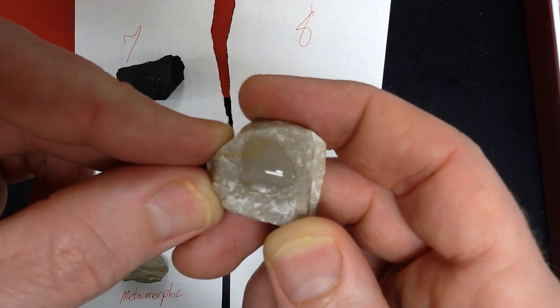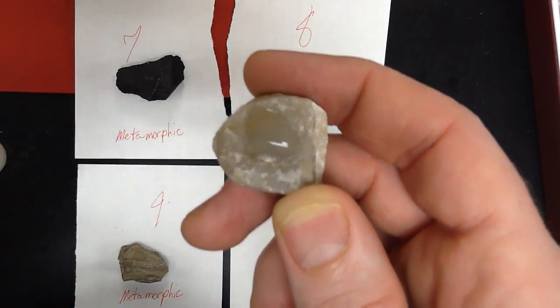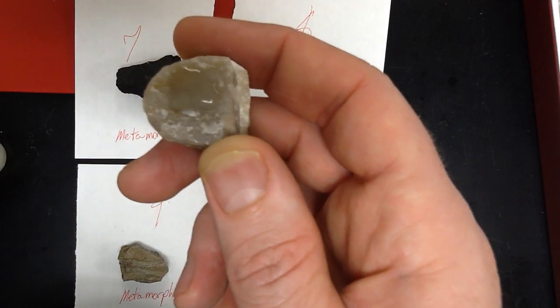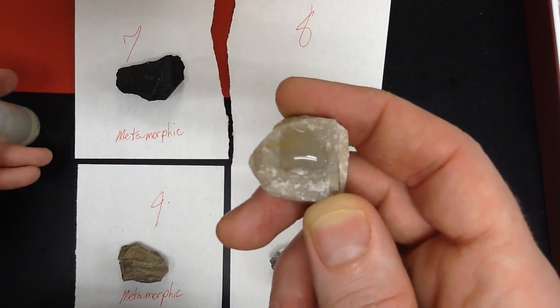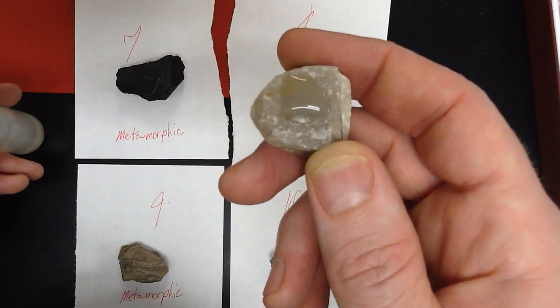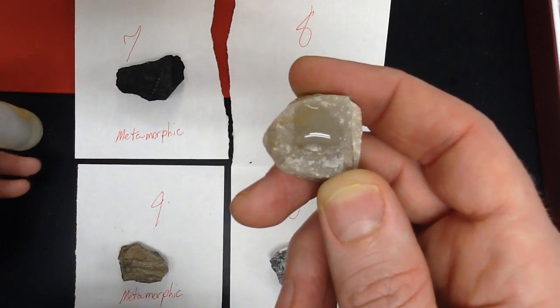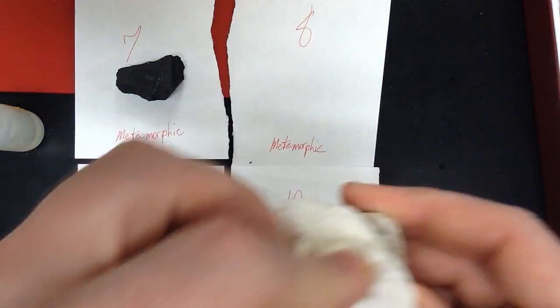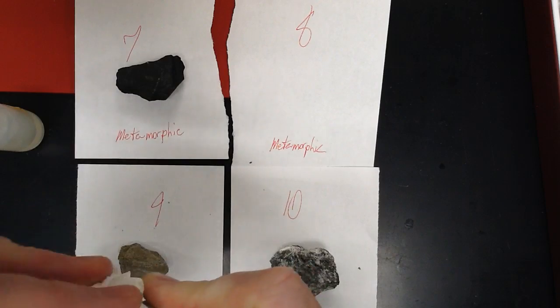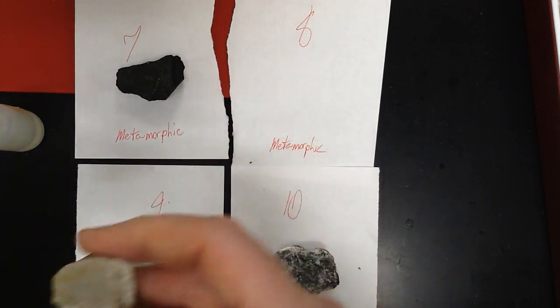Yeah, no bubbles, no fizzing, no action. So this does not react with hydrochloric acid. It's non-foliated, no layers, and it's a pretty hard sample. So that is number 8. Wipe the acid off.